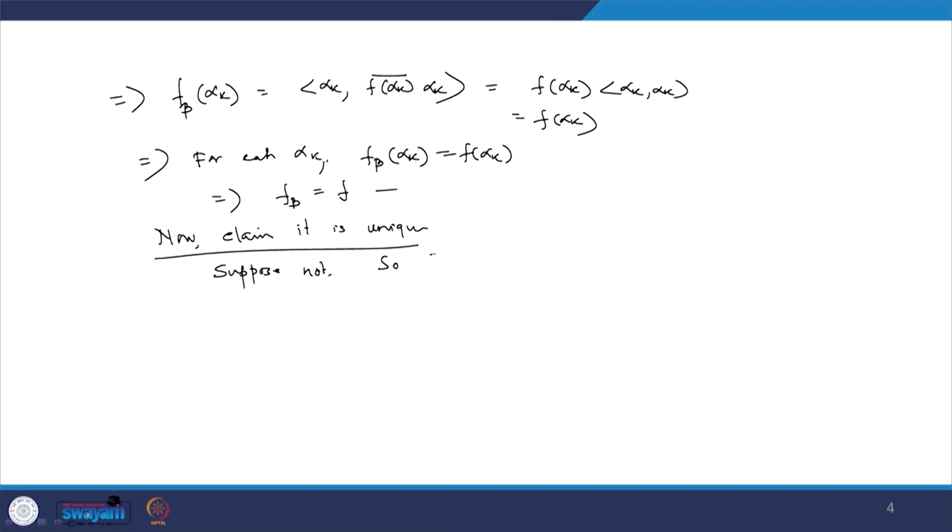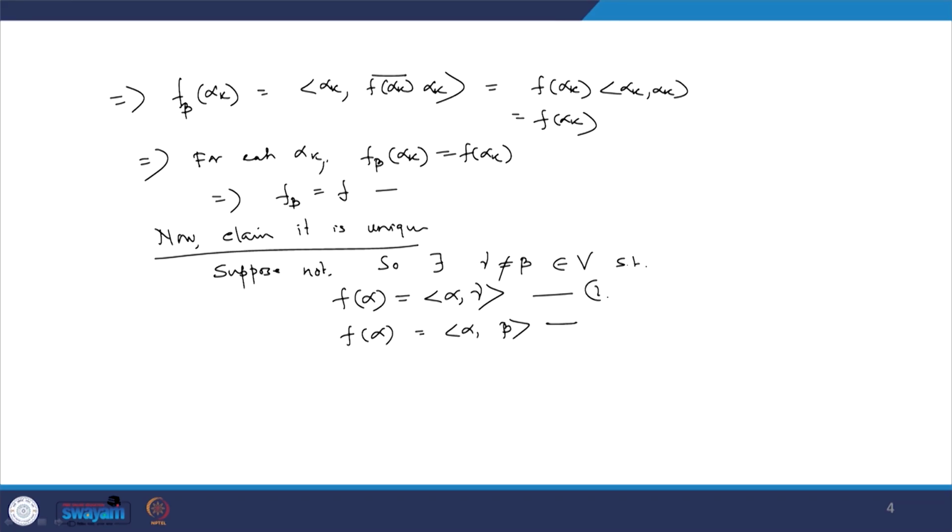So, there exists say gamma, which is not equal to beta, belonging to V such that f of alpha equal to the inner product of alpha and gamma. Now, f of alpha is also equal to the inner product of alpha and beta.